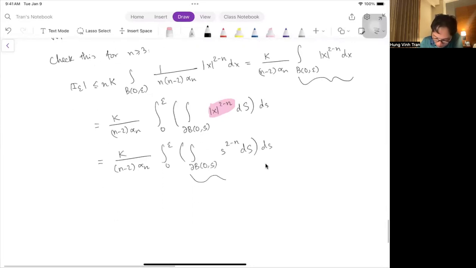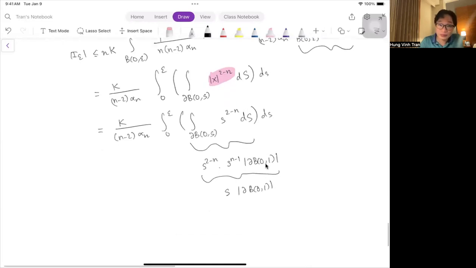Okay, so this equals what? It's a constant, so s to the 2 minus n times the surface area of the sphere, which we talked about. The surface area of the sphere is s to the power n minus 1 times the surface area of the unit sphere. So this cancels out, becoming s times the surface area of the unit sphere.